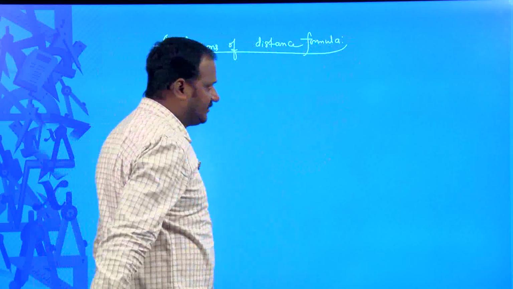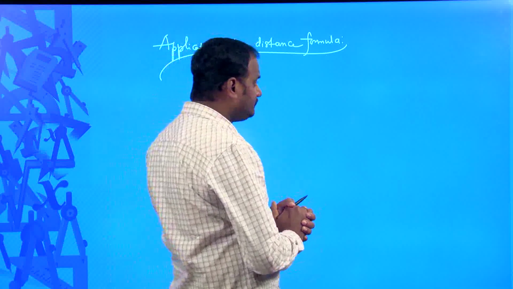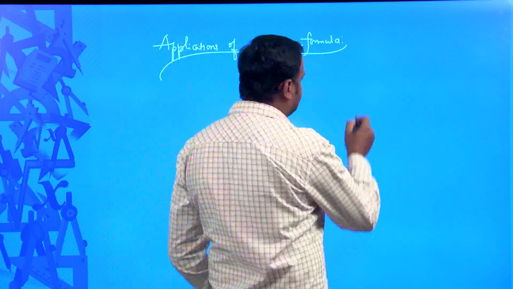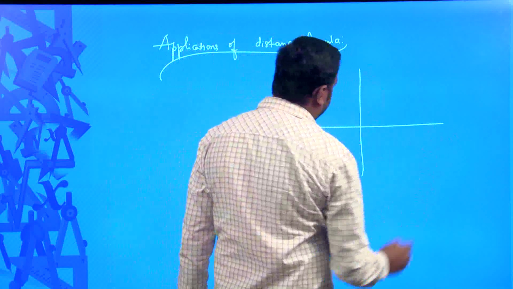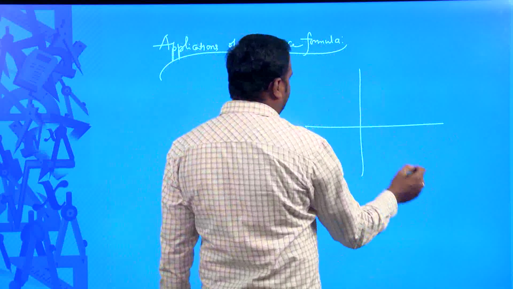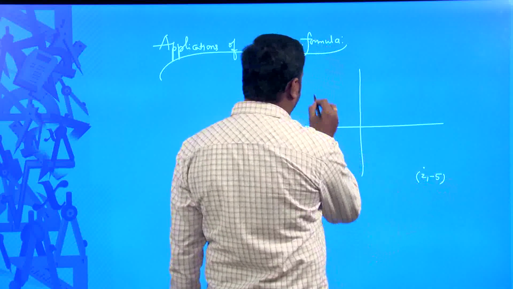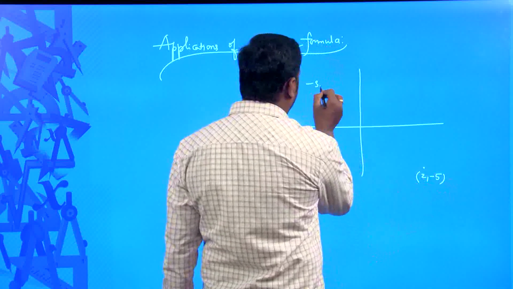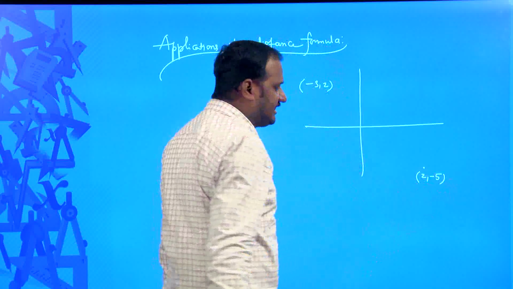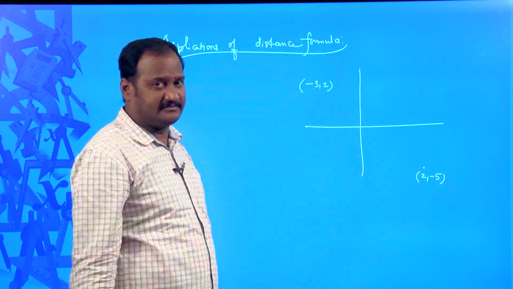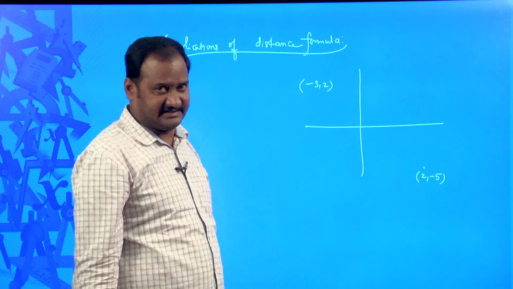Applications of distance formula. For example, you are given 2 points. One point is 2 comma minus 5 and the second point is minus 3 comma 2. These 2 points are equidistant from a point lying on the x axis.